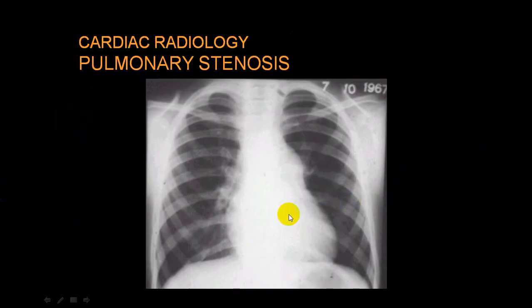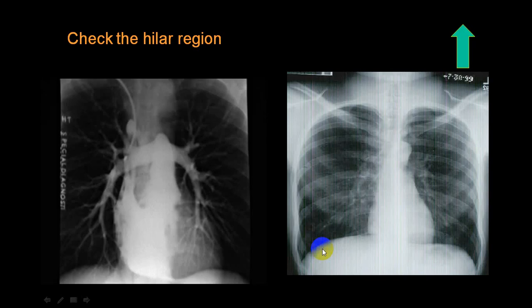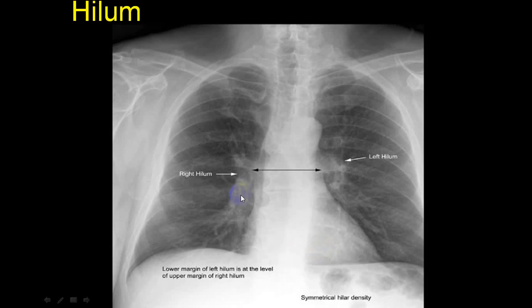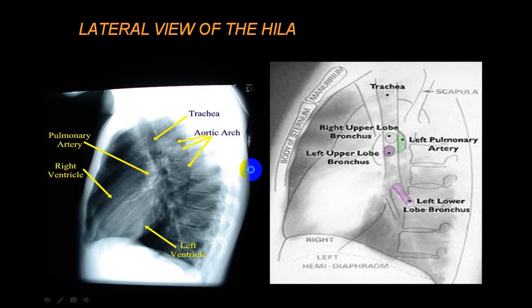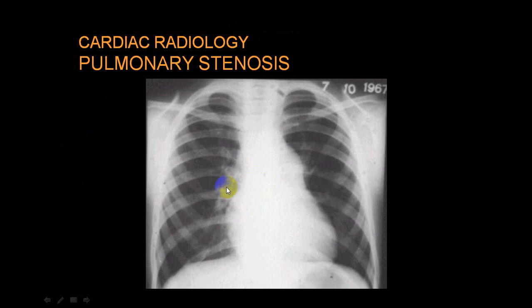Now, if you look here, there is a mild increase in the cardiac size. Plus, if you look here, there are diminished bronchovascular markings. Vascular markings are not so prominent. See these vascular markings, this is a pulmonary artery, and look here, they are less prominent.